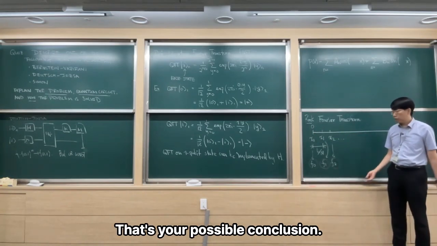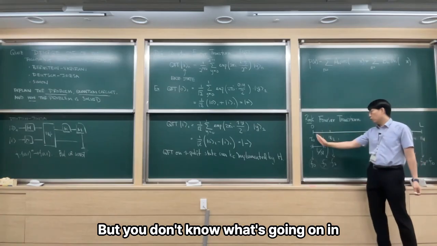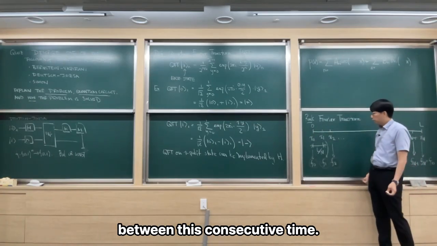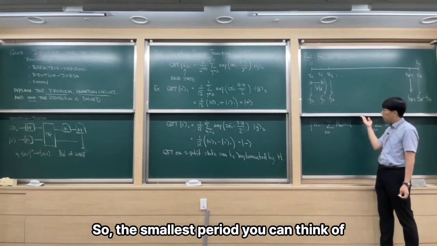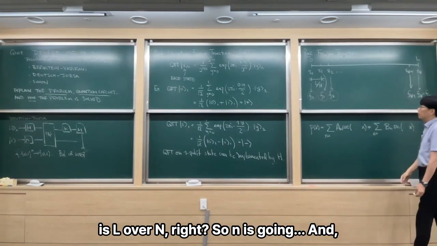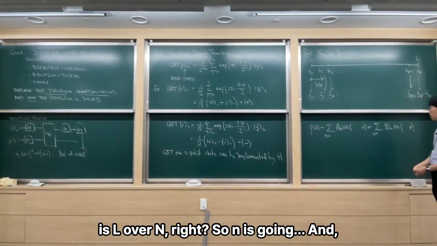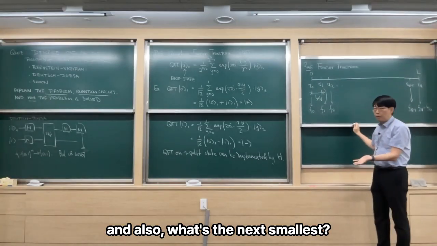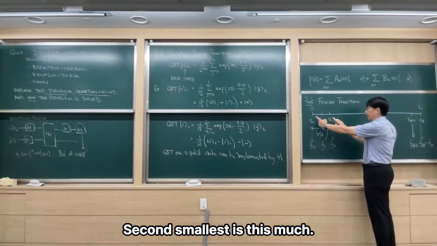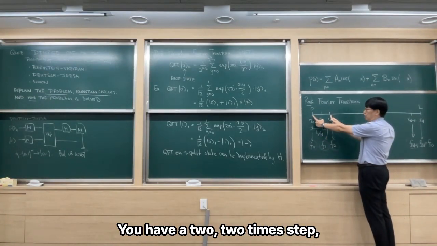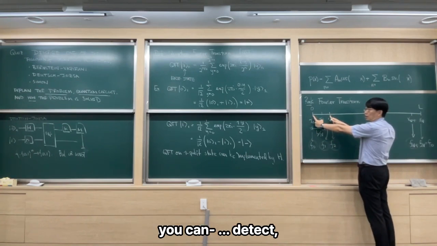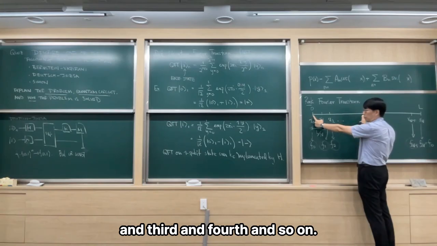That's your possible conclusion. But you don't know what's going on in between these consecutive times. So the smallest period you can think of is L over n, right? And the second smallest is two time steps. That's the second smallest period you can detect, and third and fourth and so on.